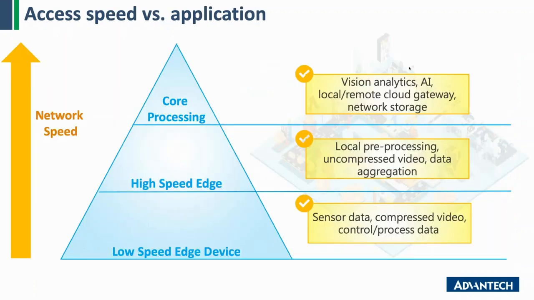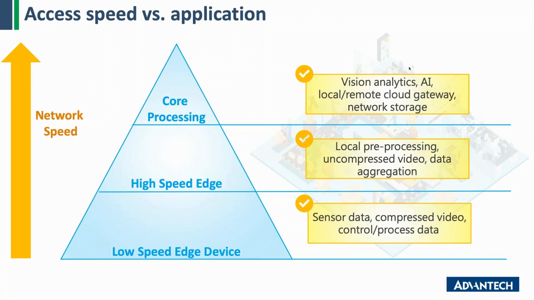Another way of looking at this in a more picturesque approach is to basically look at our core networking speeds, in other words, the speeds in which the various devices need to be able to communicate versus the application. And I said on the previous slide, our lower speed edge devices, sensors, compressed video, etc. are quite happy with standard Ethernet as we know it.